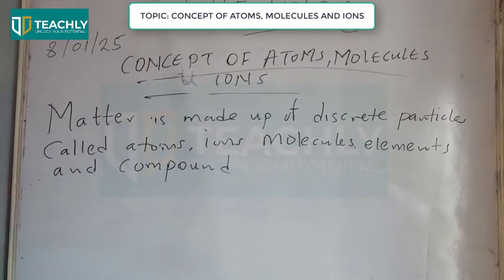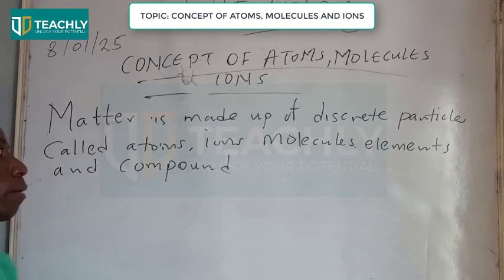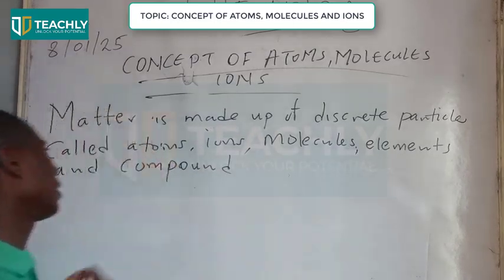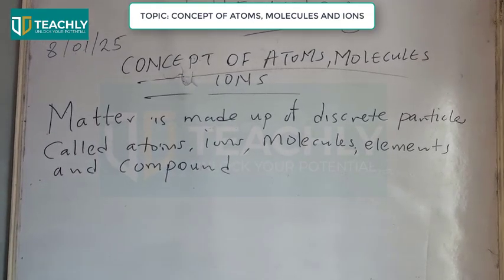Matter can be made up of atoms, ions, molecules, elements, and compounds. What do I mean by that?